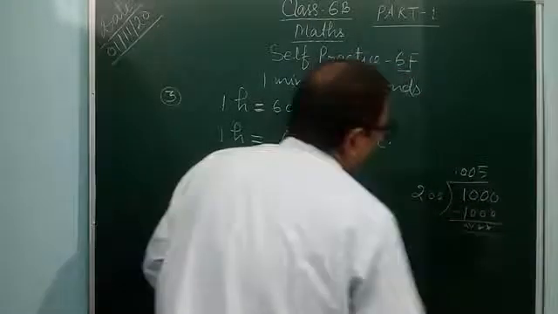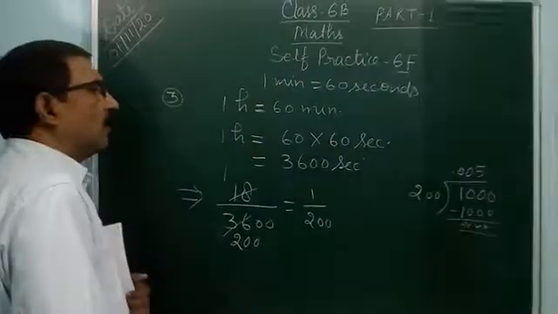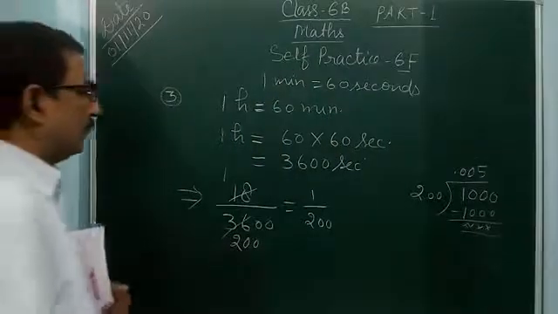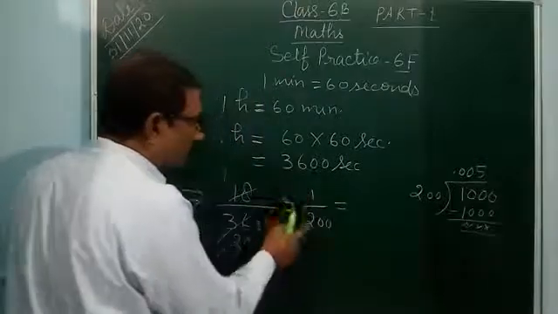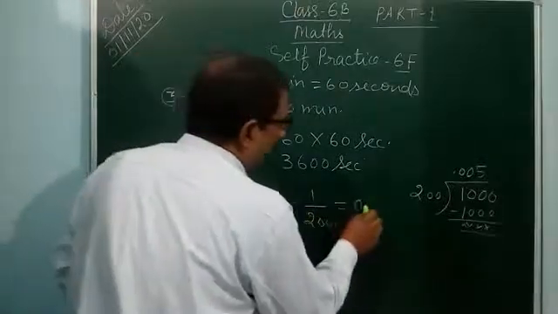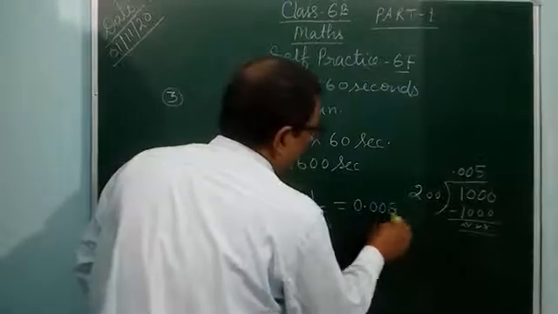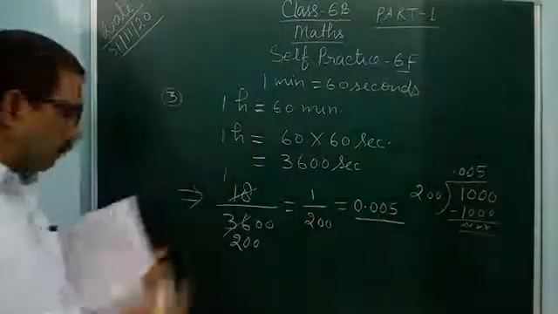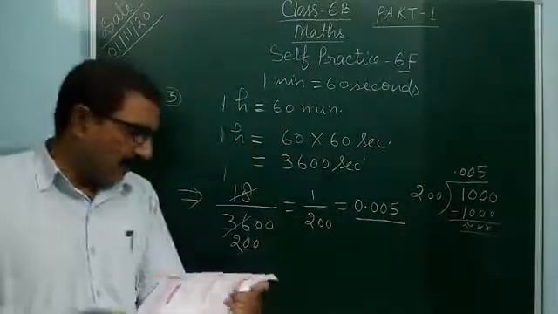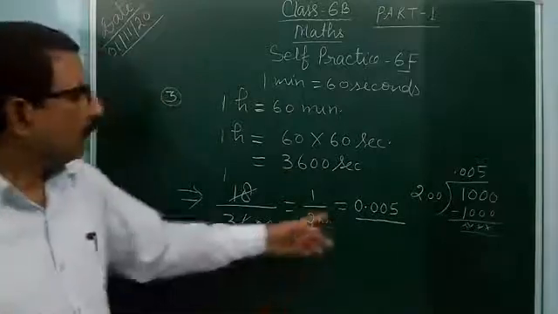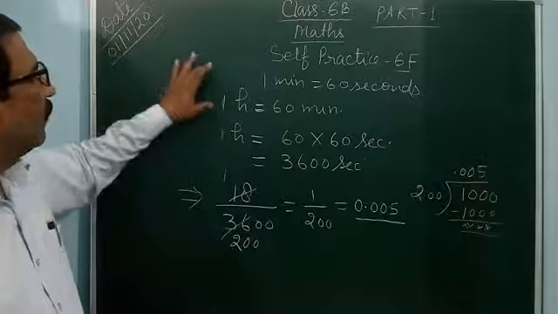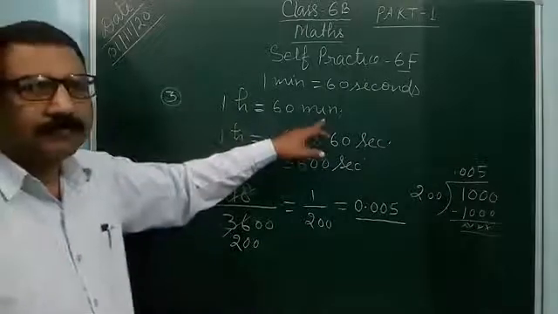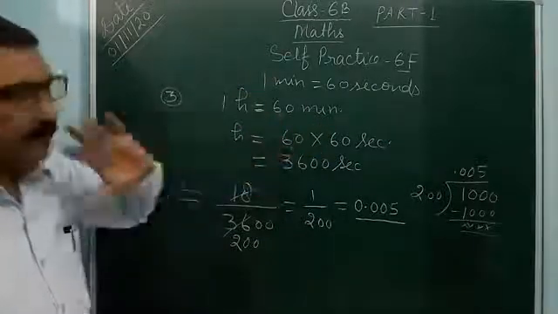So in this way, if you divide 1 by 200, the answer will come 0.005. In this way, if you are changing 18 seconds of an hour into a decimal, it will come 0.005. So firstly you know 1 hour is equal to 60 minutes and 1 minute is equal to 60 seconds.